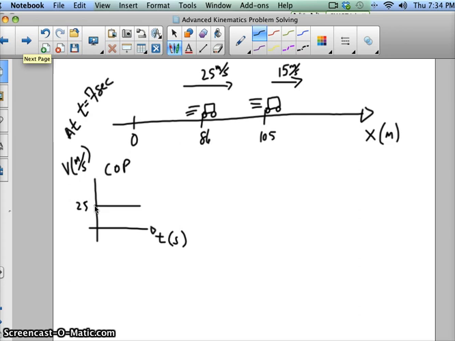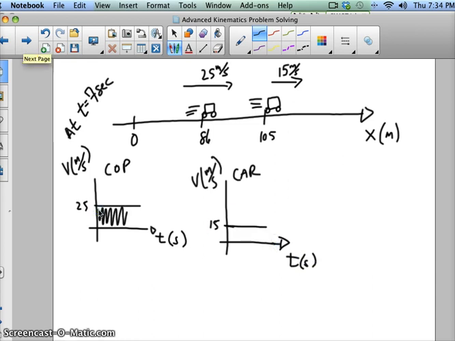And the car is actually going to go slower, 15 meters per second, t in seconds, right?